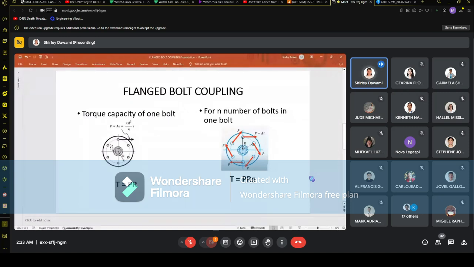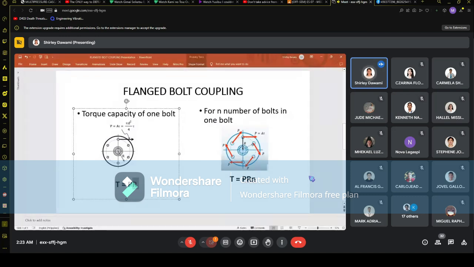Okay. So the capacity of the coupling, or the torque capacity of the coupling, will depend on the maximum shear load that each bolt can carry. Okay. So for the torque capacity of one bolt, we have the formula T is equal to PR, where P is the shearing load times the radius.